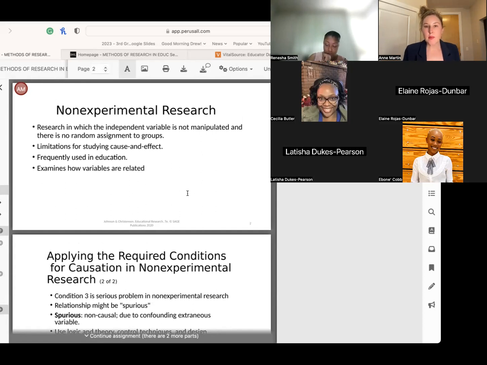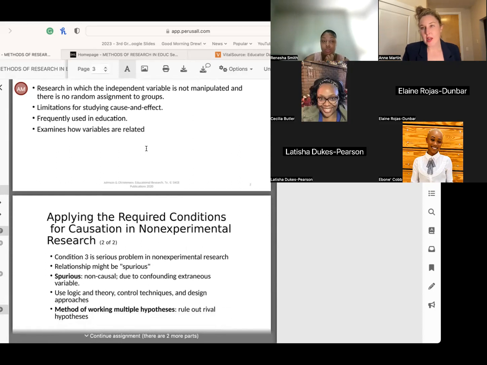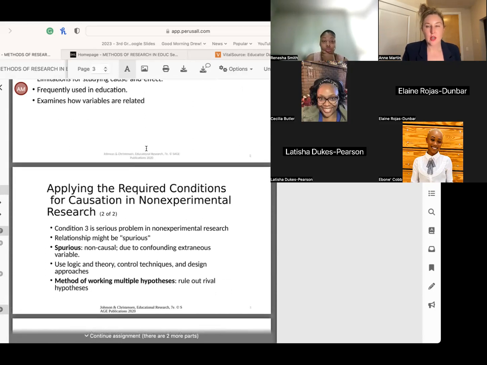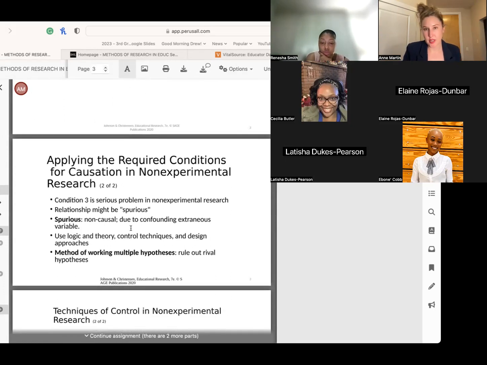So instead of manipulating it with a control group and experimental group, in non-experimental research you want to understand how that variable impacts the other, or what the relationship is. Because you're not manipulating, there are a few limitations, but the main way researchers address that is to control for spurious relationships. We've talked a lot about extraneous variables, potentially confounding variables.